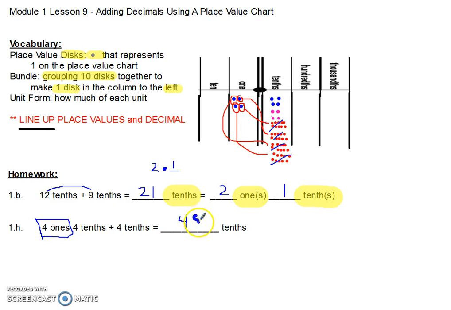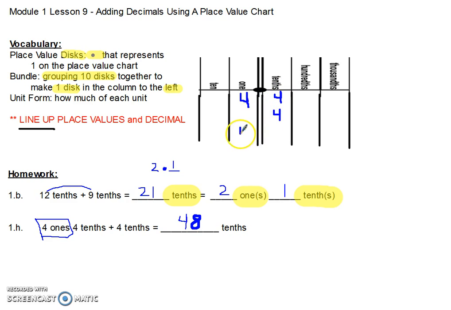8 tenths. Now there's another way that you can do this, and that involves using the decomposition strategy that we were doing before. So I would write my 4 ones here and my 4 tenths and then my other 4 tenths, and I would add those together.